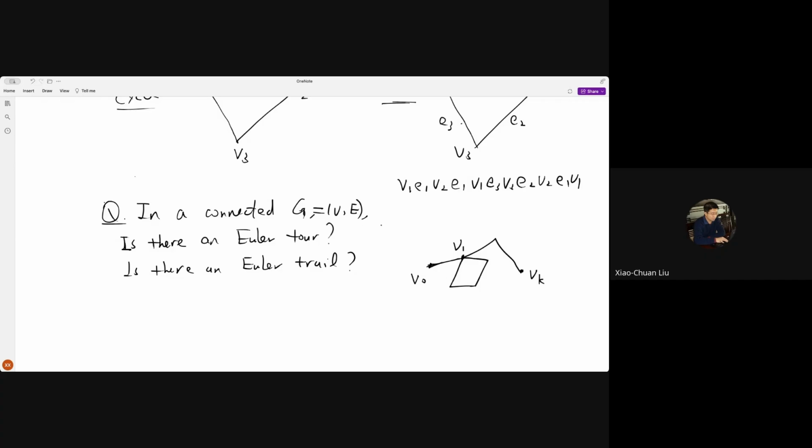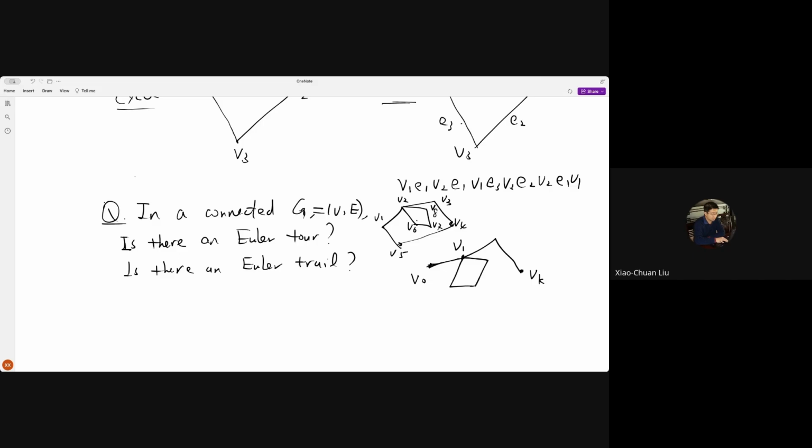And for an Euler tour, if you have the same picture, it's not good enough. You have to do this. So probably this V1, V2. We do this, and I don't know, V3, V4, V5, V6, V7, V8. So this is an Euler tour.